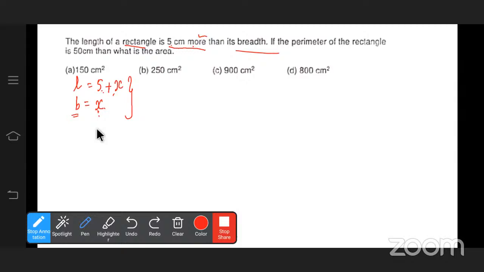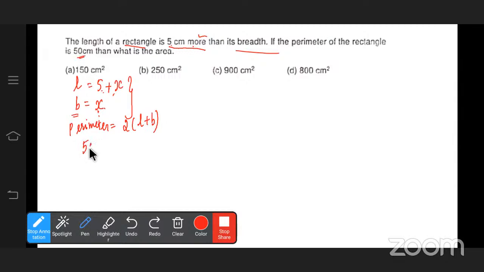Okay, so now they gave the perimeter. What is the formula for the perimeter of the rectangle? 2 into L plus B, ma'am. Okay, 2 into L plus B. The perimeter is given as 50 centimeter, right?